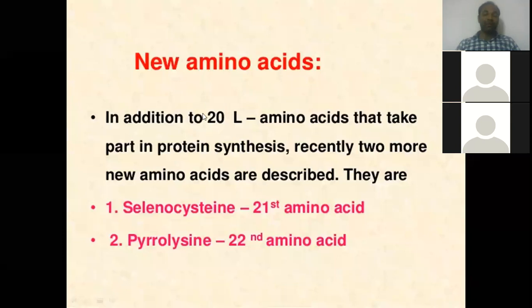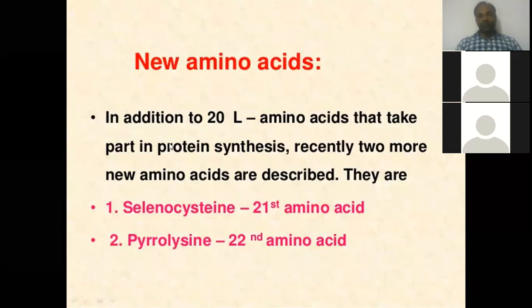That is total 23 basic amino acids which are involved in the process of protein synthesis. So here they give some information related to the new amino acids. In addition to the 20 L-amino acids that take part in the protein synthesis, recently 2 more new amino acids are described.